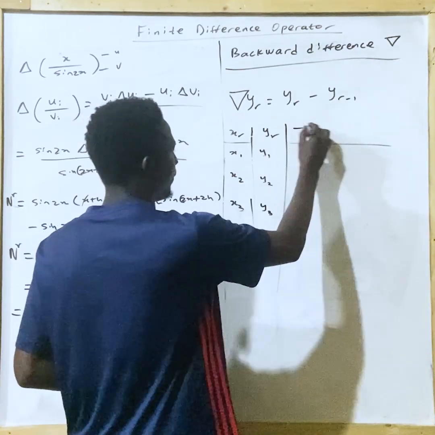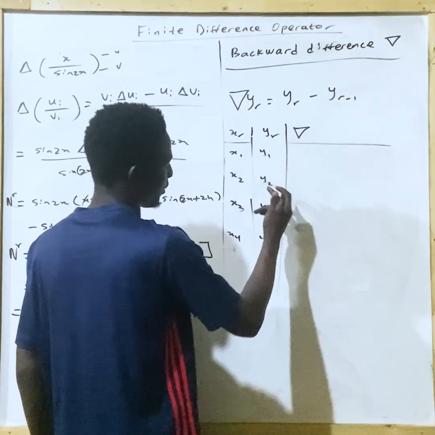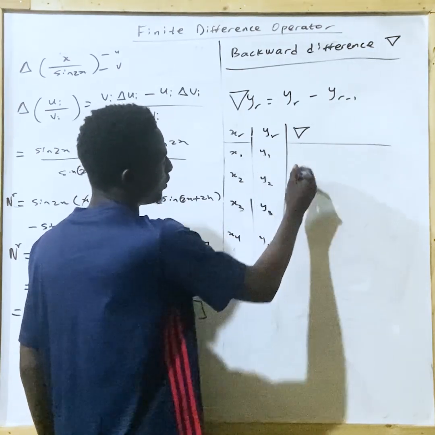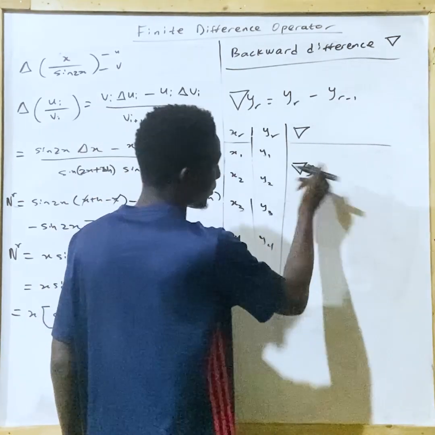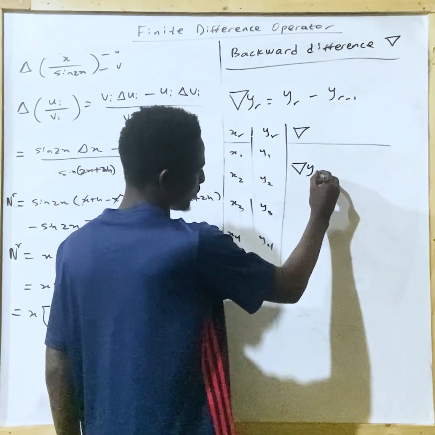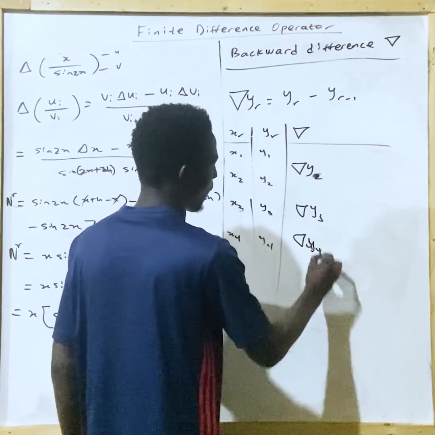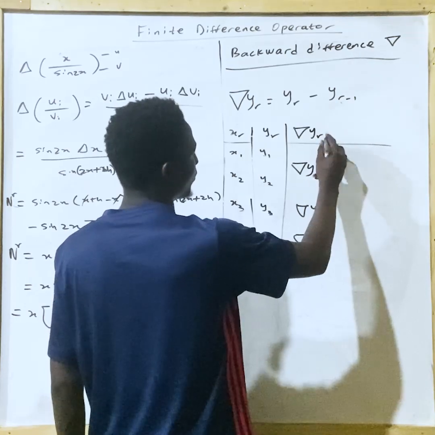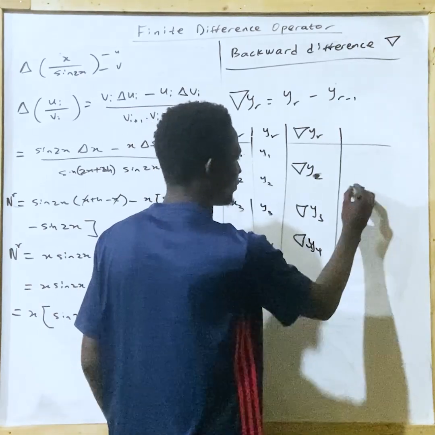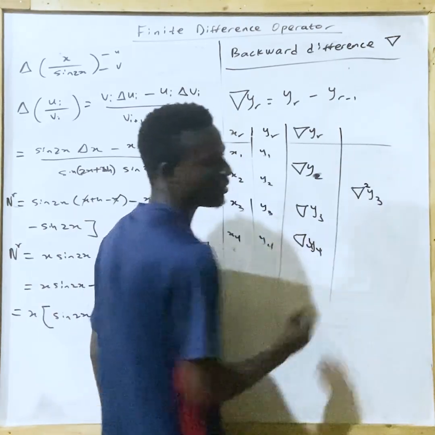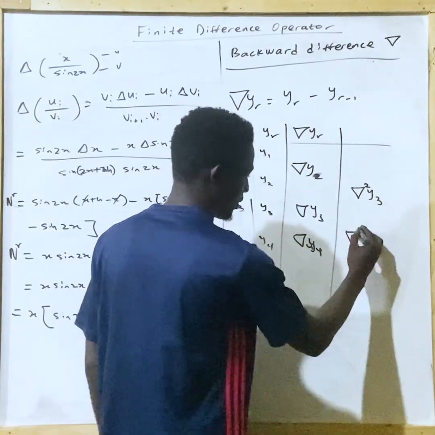For my backward difference, as for the forward difference, if I do y2 minus y1 for this place, I'll be having the backward difference of y_r. This one will be the backward difference of y2, then of y3, and of y4. But this is my backward difference of y_r. If I do the same with this and this, I'll be having my backward difference of y3, but this will be my second backward difference, and this will be the backward difference of y4, my second backward difference.